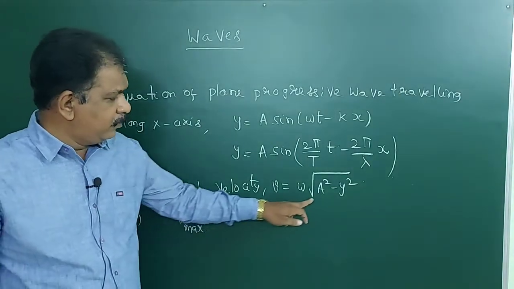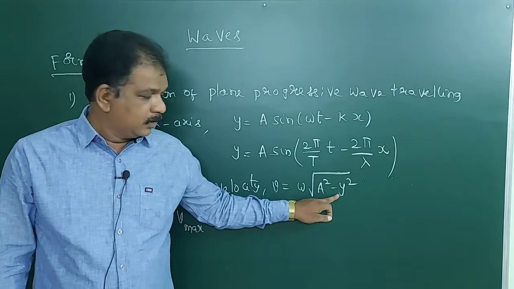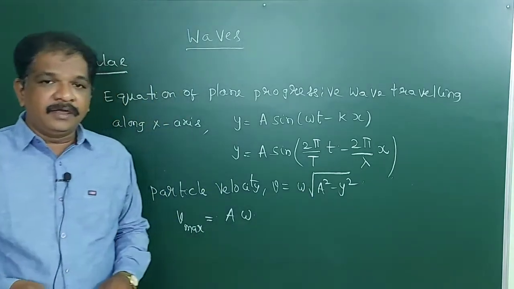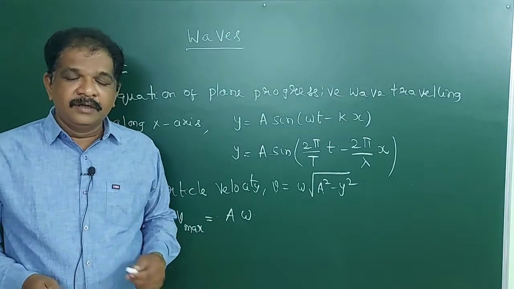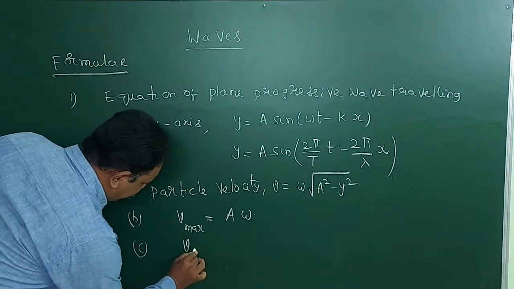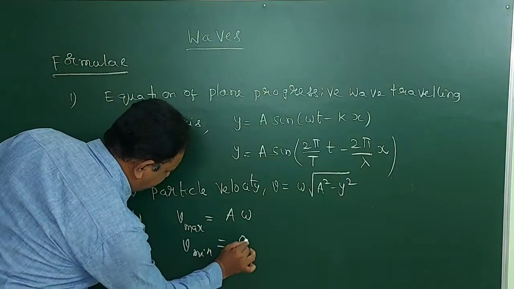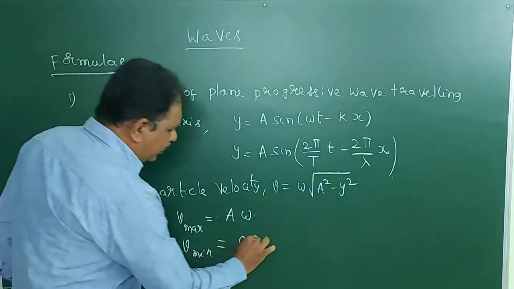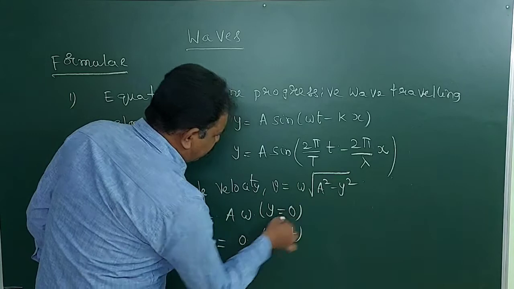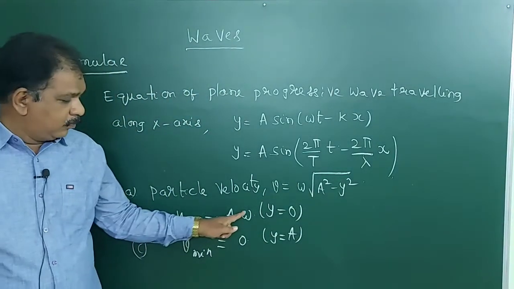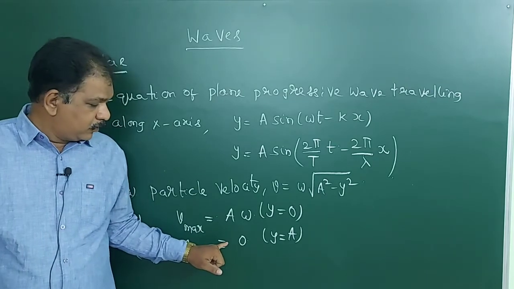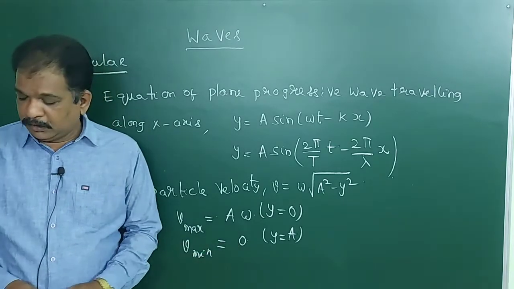Particle velocity will be maximum at mean position. When y = 0, it becomes ω√A², that is Aω. Next, minimum particle velocity: v minimum is equal to 0. At the time y = A, here v = 0. At mean position, velocity will be maximum. At extreme position, velocity will be minimum.